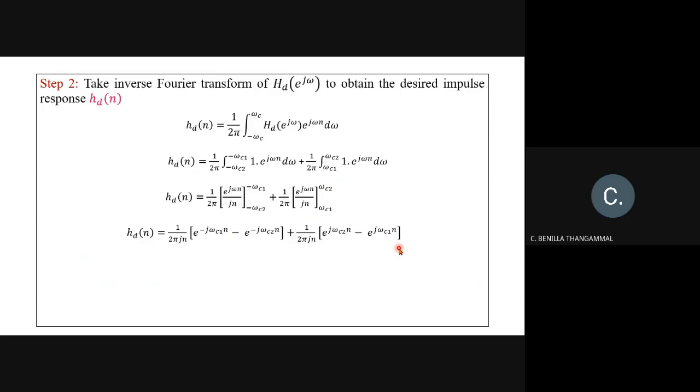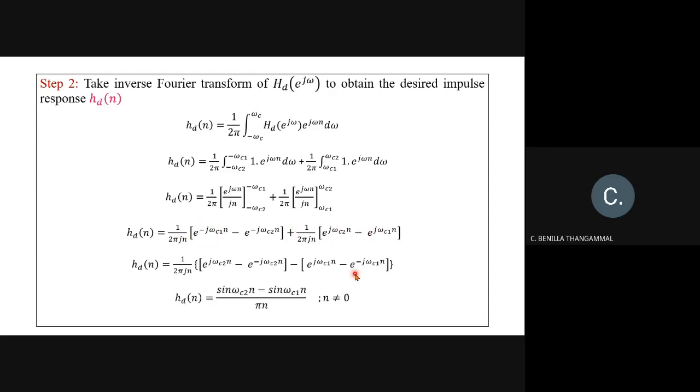You know that e power jx minus e power minus jx divided by 2j is nothing but sin x. To get this, I'll just rearrange. I took 1 by 2 pi jn commonly out. If I rearrange, you get e power j omega c2 minus e power minus j omega c2, and I took minus out, so e power j omega c1 minus e power minus j omega c1.